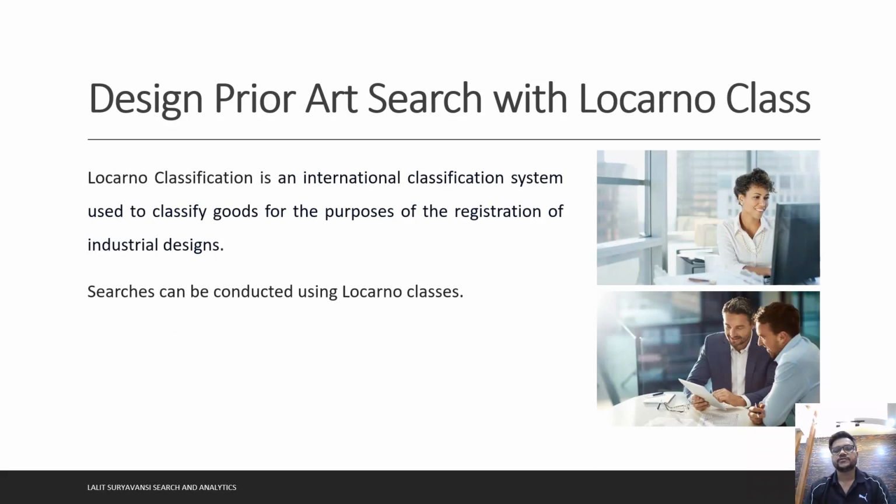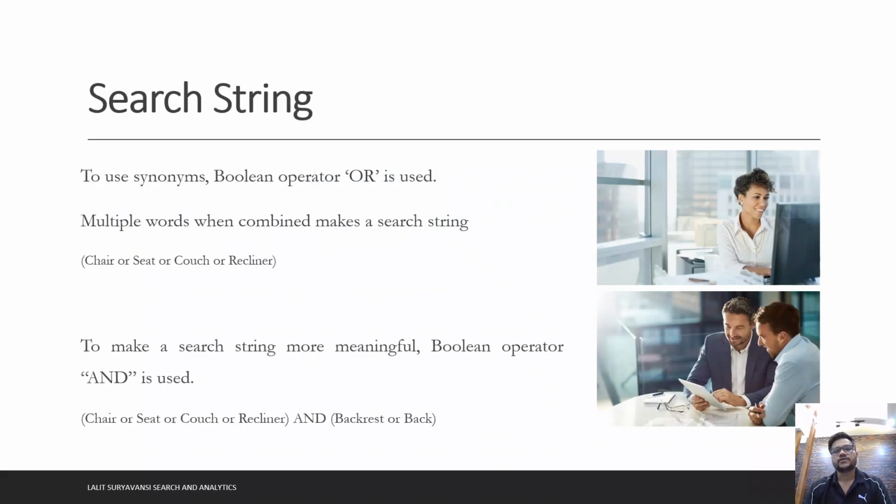In addition to keyword based searches, you can perform Locarno classification based searches. Locarno classification is a classification that relates to a particular section of products. There are actually 32 classes in the Locarno classification, and each main classification has further subclasses in it. So based on Locarno classes, you can also perform searches.